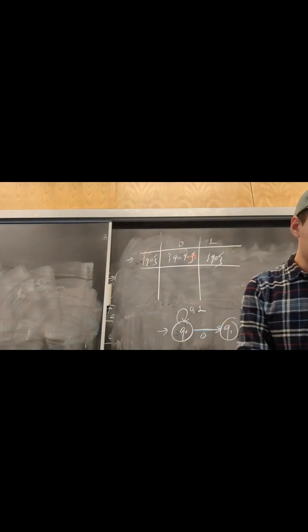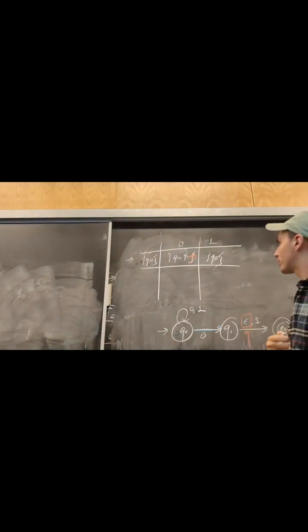Then this Q0, Q1, Q2 state in my DFA represents all of the possible states my NFA can go to when from the start state it reads 0. So I'm encoding information in my DFA directly, and in this case the information is all the possible transitions I can go to from Q0 reading a 0. Yes. Okay, very good.